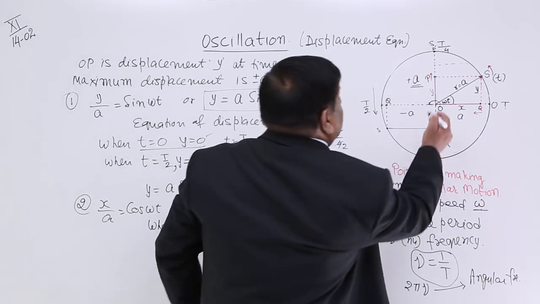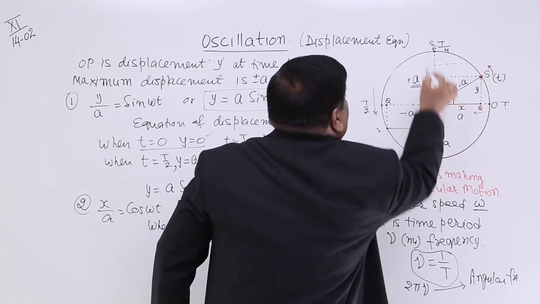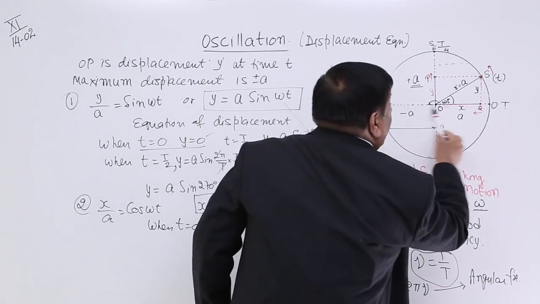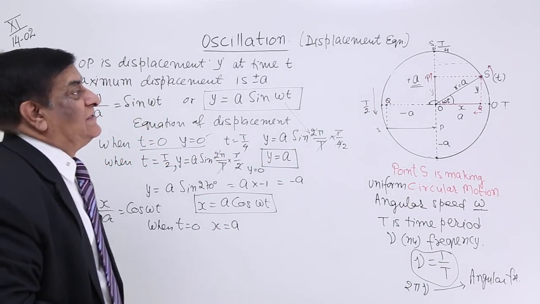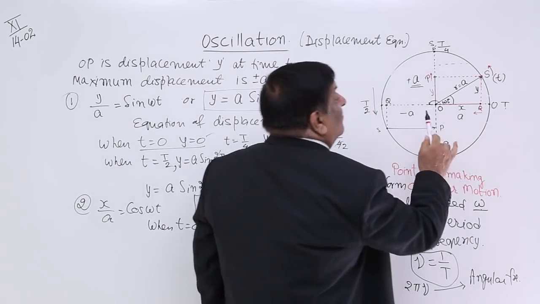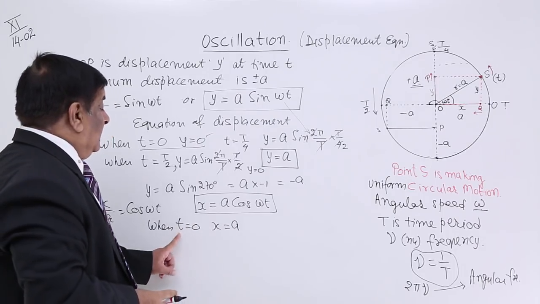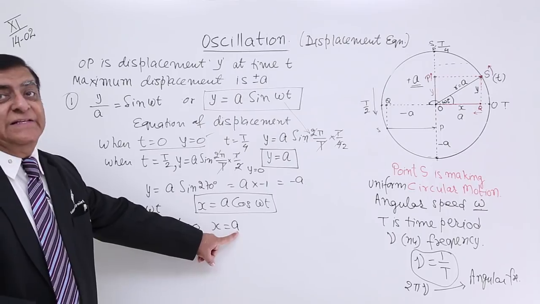That means it starts from the center, when displacement is 0. This simple harmonic motion starts when t is equal to 0, x is equal to a here. So it starts from the maximum amplitude a, not from 0. So at the start, amplitude is maximum.